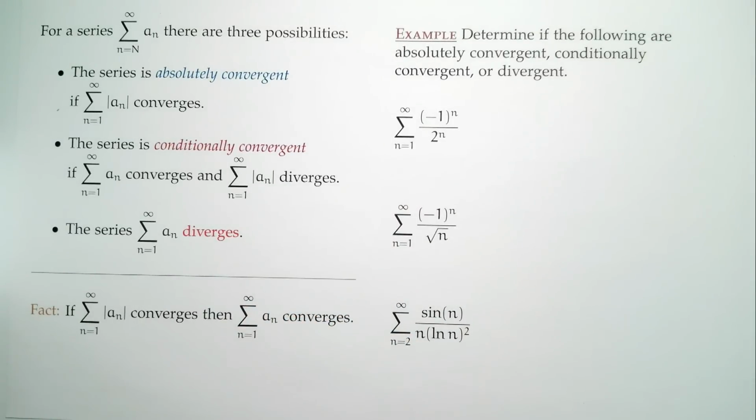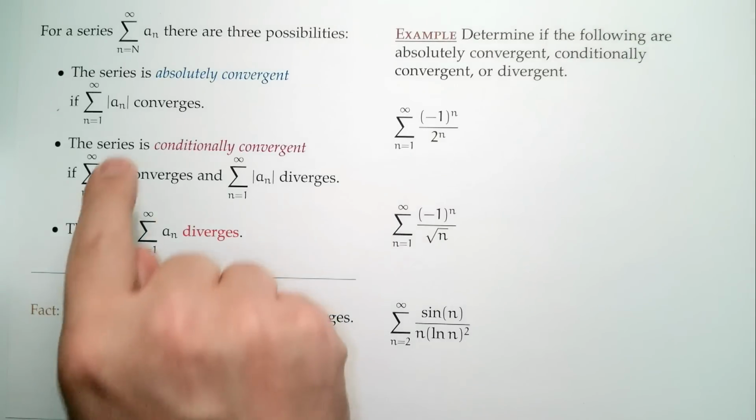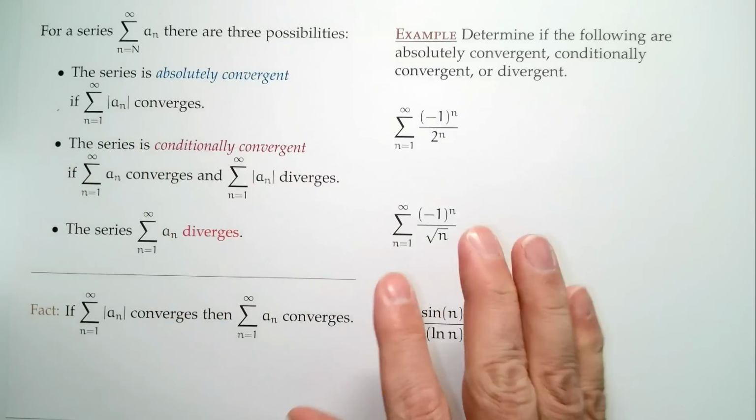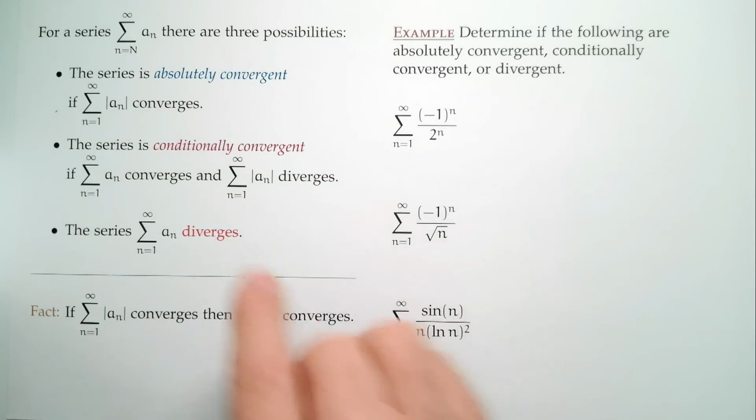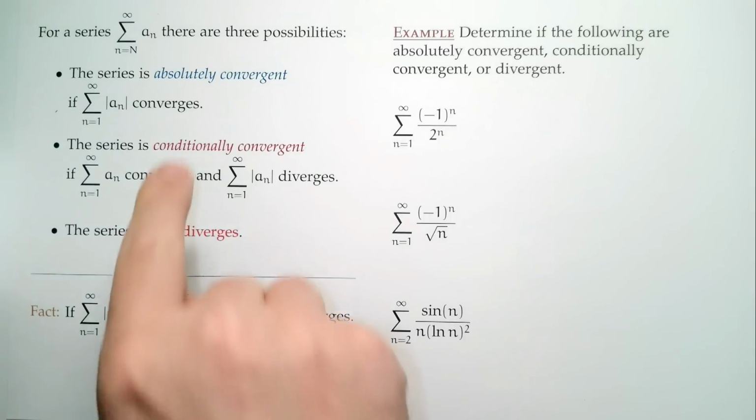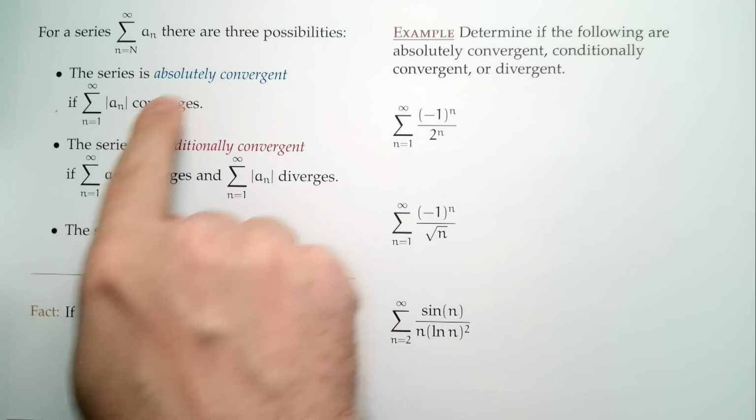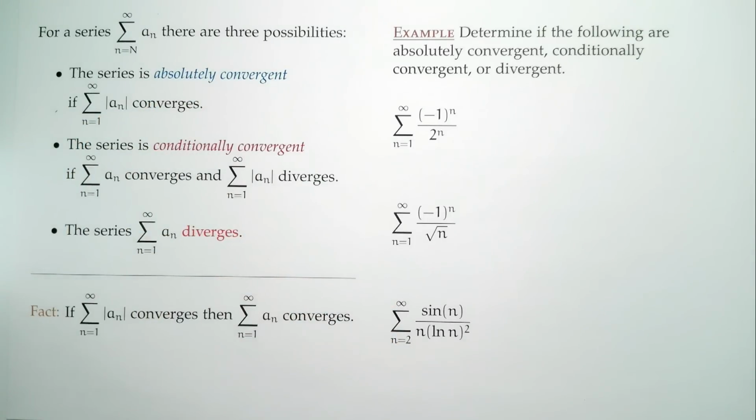First thing is that if I take away the sign, in other words, I assume everything is the positive version of it, then it still converges. We call this absolutely convergent. When it's absolutely convergent, the absolute here, you can think of it as taking the absolute value of every individual term. There's also conditionally convergent.